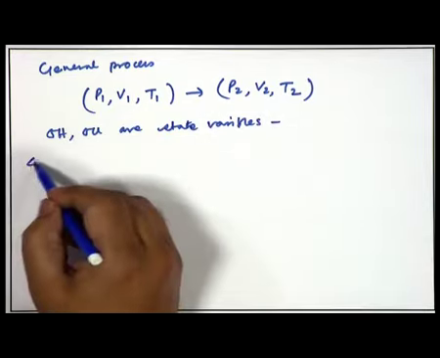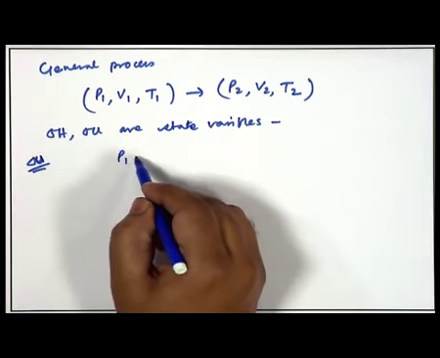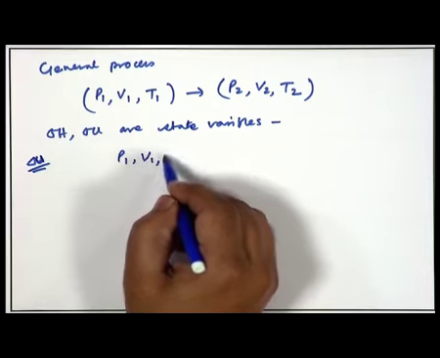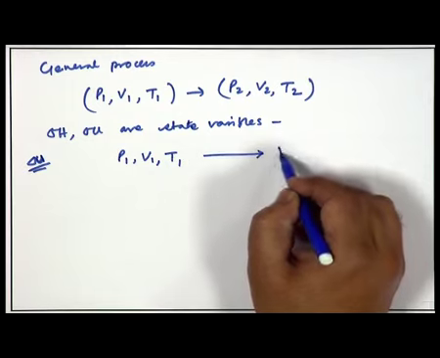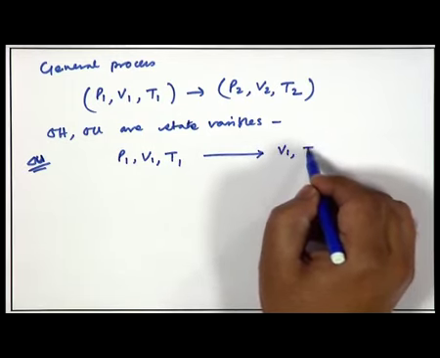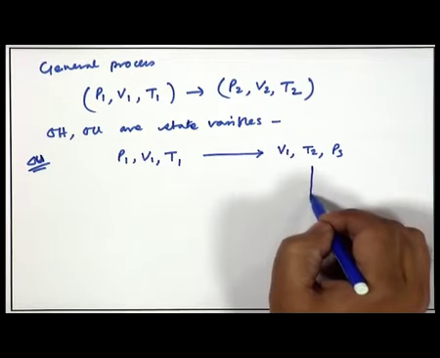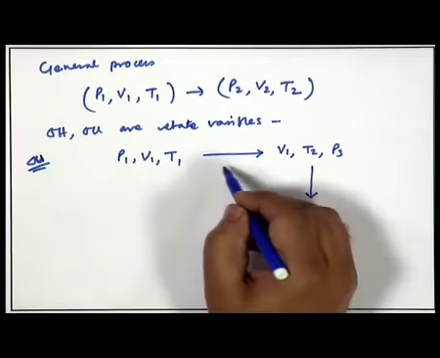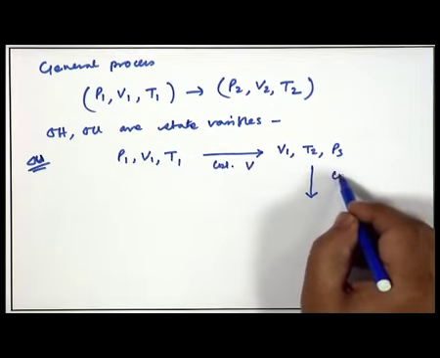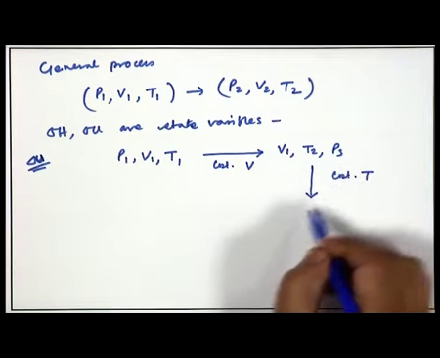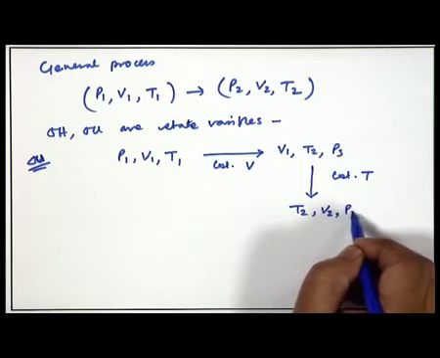For example, if I want to get del U, let me break this process into 2 steps. T1 to V1, T2 and some other pressure P3, and this is at constant V. Next it is constant T, T2, V2 and P2.